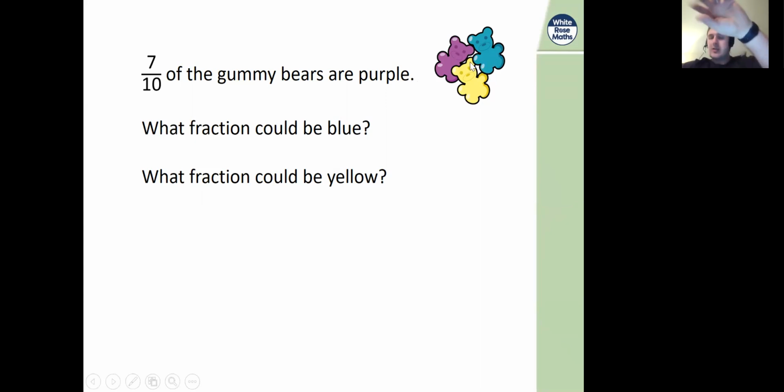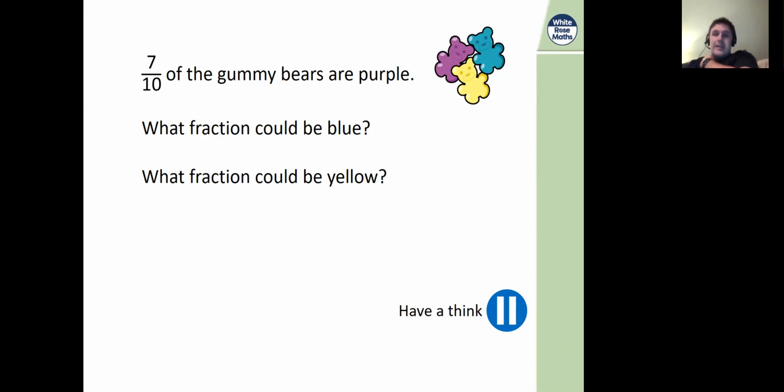That's not the group, that's just showing what they look like. But 7/10 of the gummy bears are purple. What the question's asking you is what fraction could be blue and what fraction could be yellow? Have a think what the different possibilities could be. And I'll let you into a secret here, there's more than one answer. What do you think?